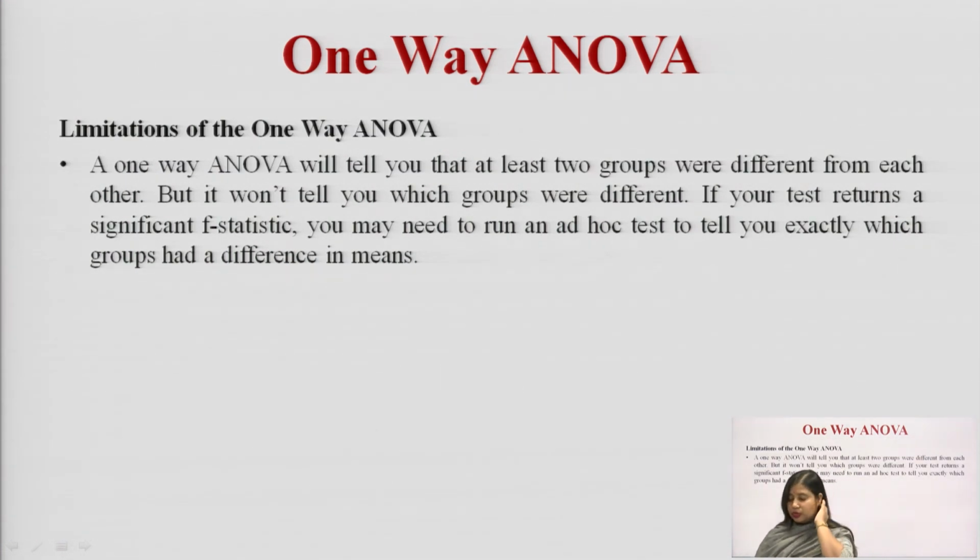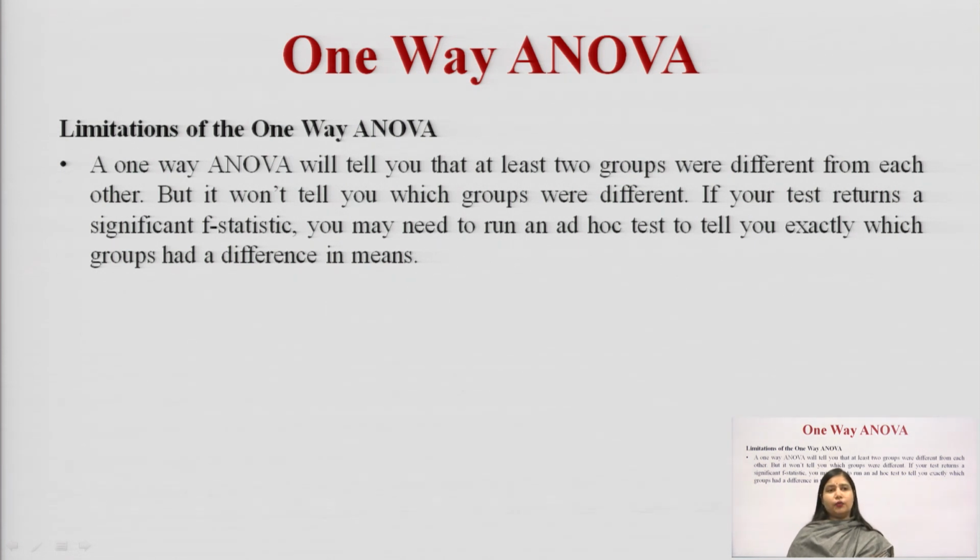And what is the limitation of one-way ANOVA? One-way ANOVA will tell you that at least two groups were different from each other, but it won't tell you which groups were different. If your test returns a significant F statistic, then you will need to run another test to know exactly which group has a difference in means.